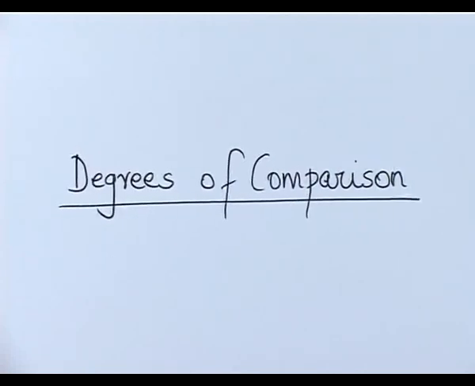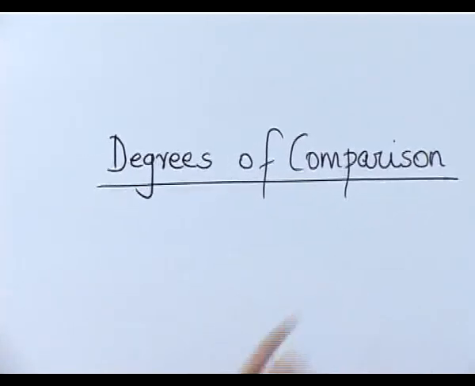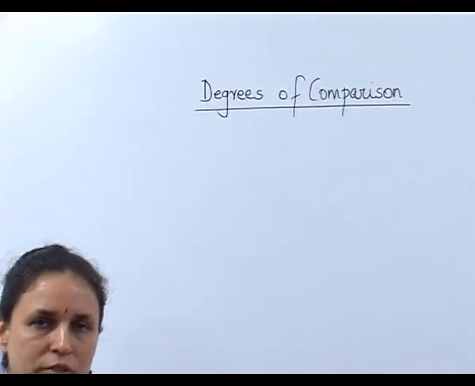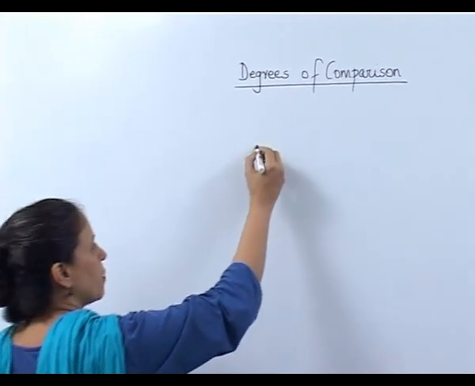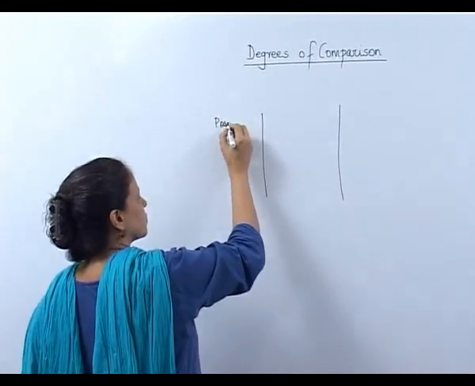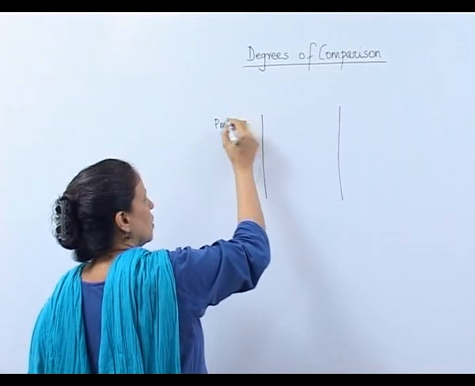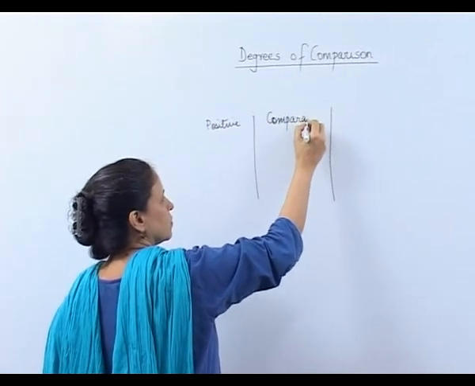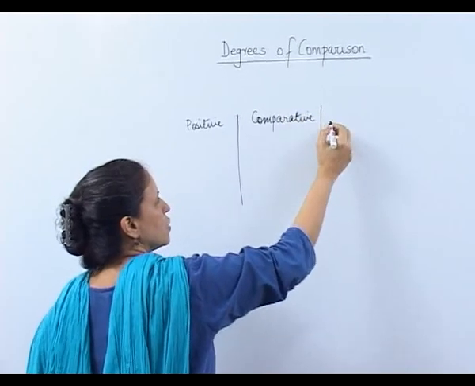Let us understand the topic of degrees of comparison. In younger classes, you might have done degrees of comparison, that is 3 degrees of comparison: positive, comparative, and superlative.